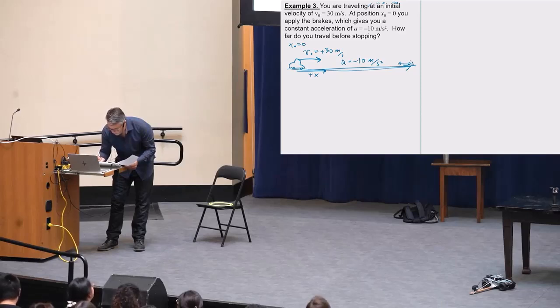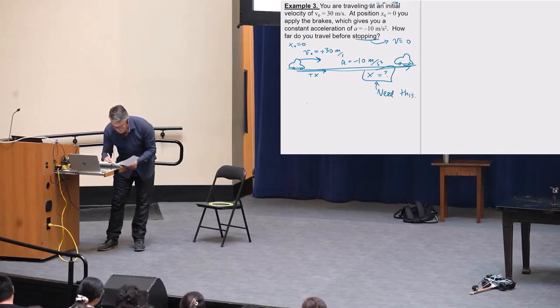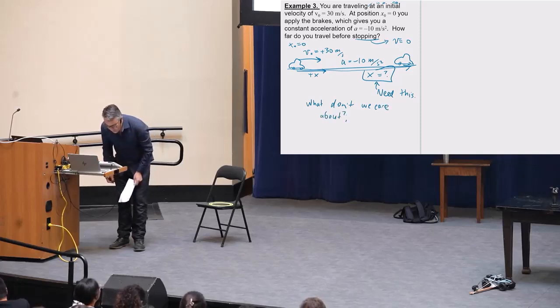I would put here that stopping means that v, the final velocity, is 0, and then this distance x is the question mark, and you need this. I would just ask, what don't we care about? It seems like time is not asked here.